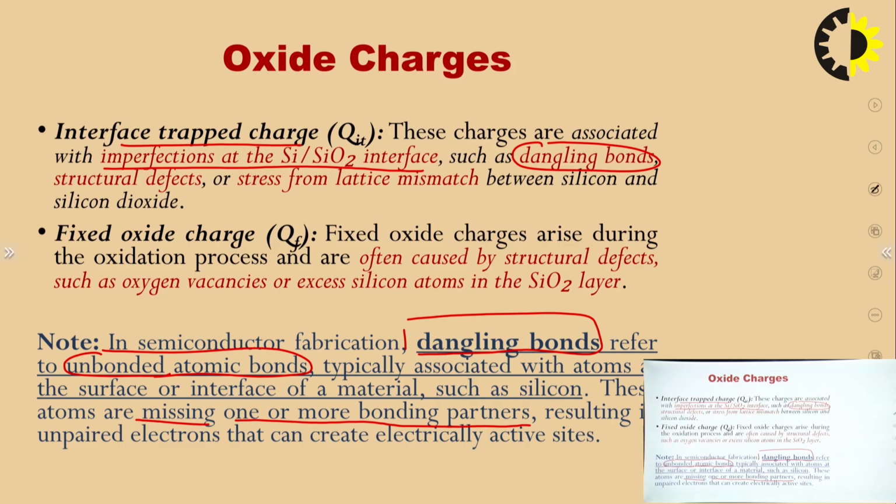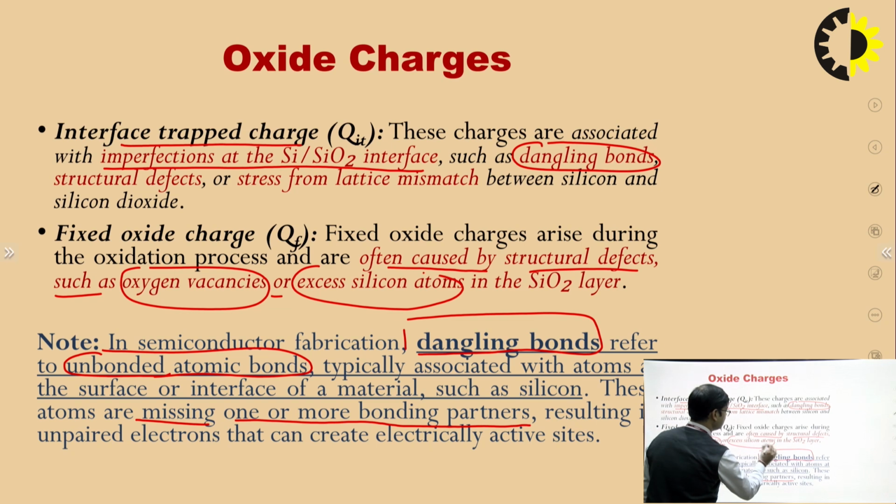The second kind of charge is fixed oxide charge, and it is caused by structural defects such as number 1, oxygen vacancies, or number 2, excess silicon atoms.